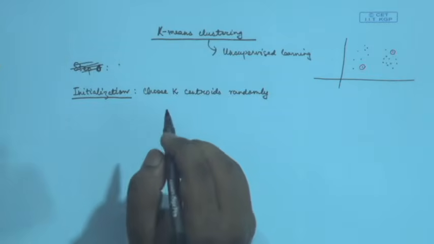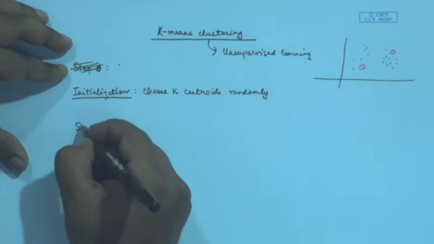So you first choose K random centroids, say K equal to 2, and we choose these two points, say this one and that one. So first we randomly choose K centroids. This is the initialization.